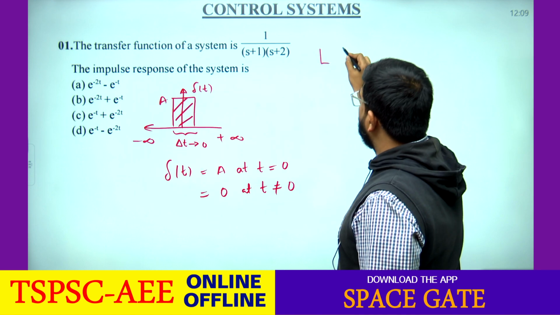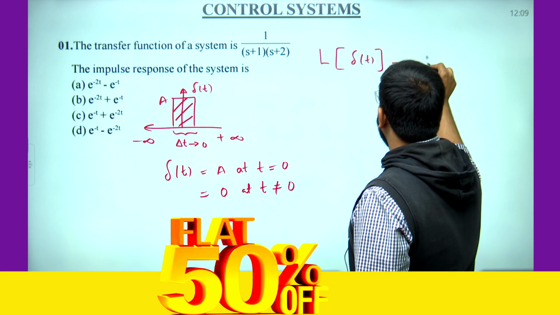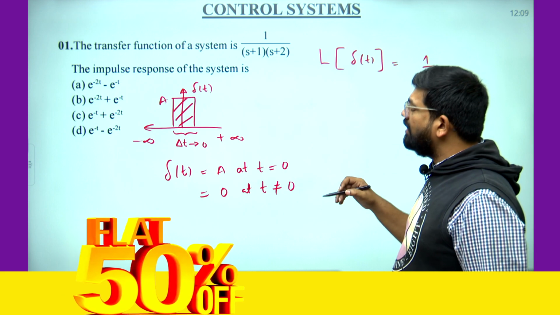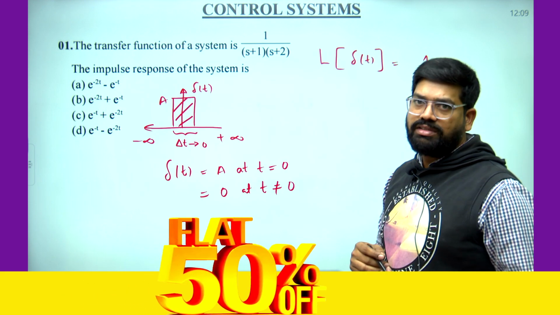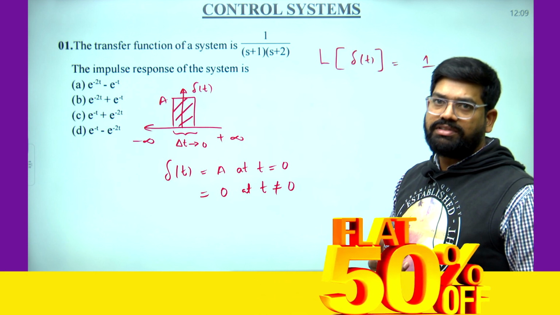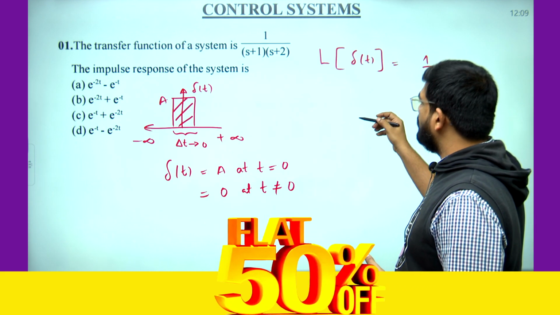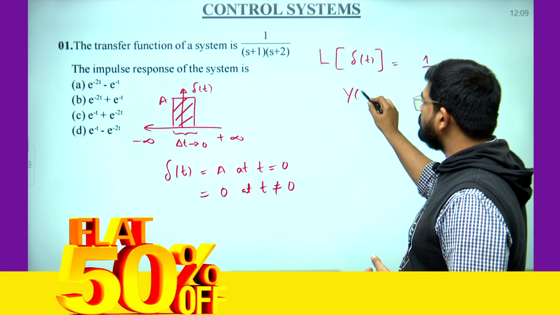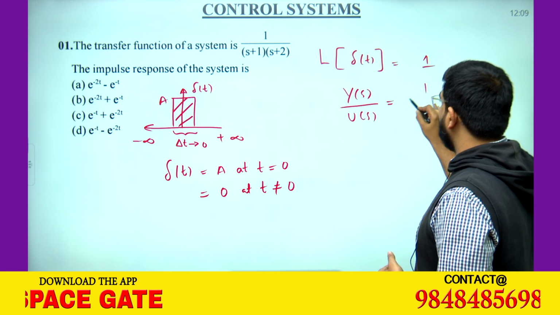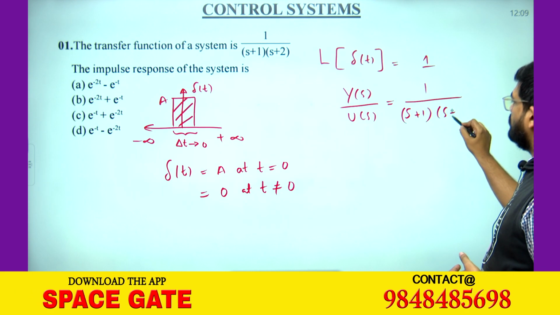Now what is the Laplace transform of this impulse? Whatever magnitude we have, the Laplace transform of impulse is 1. When we give impulse as the input, U of s is 1. The transfer function is the ratio of output Y of s to input U of s, given as 1 by (s plus 1) into (s plus 2).